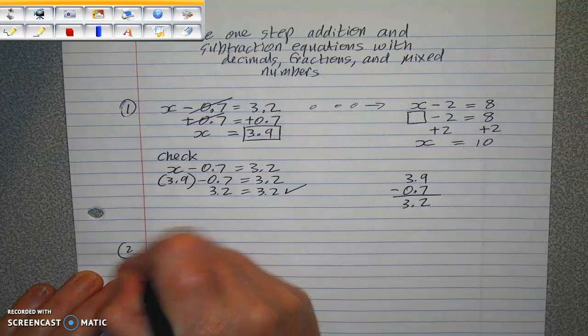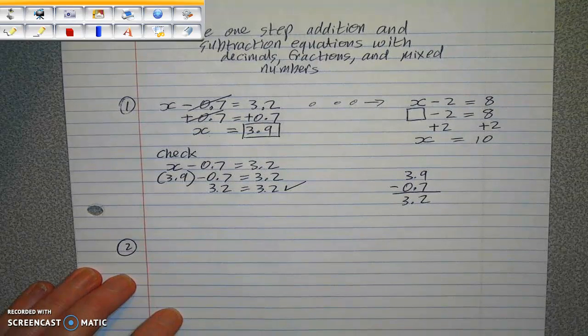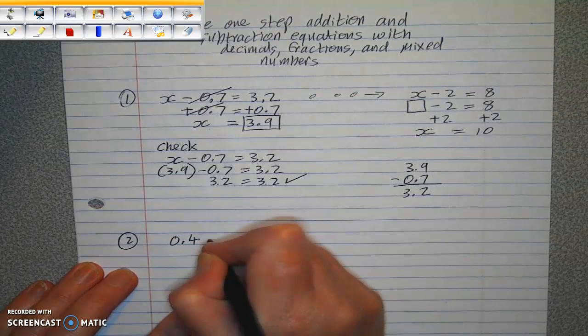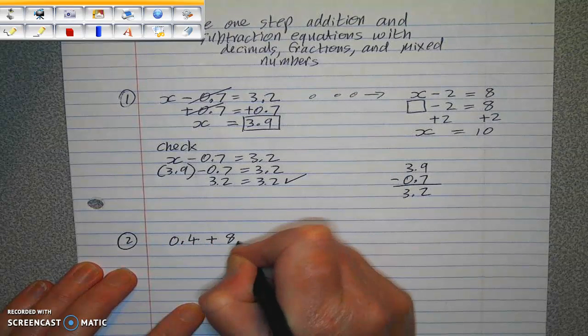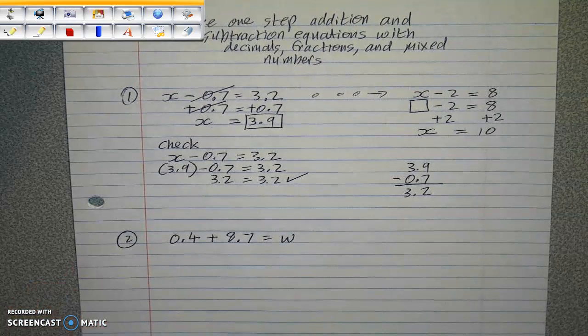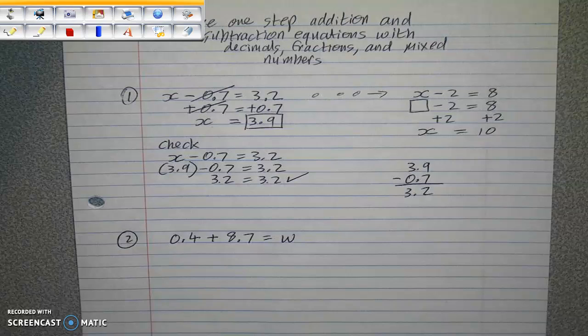Here's problem number 2. This is a one-step equation, again involving decimals.